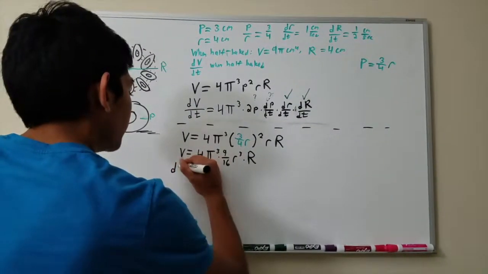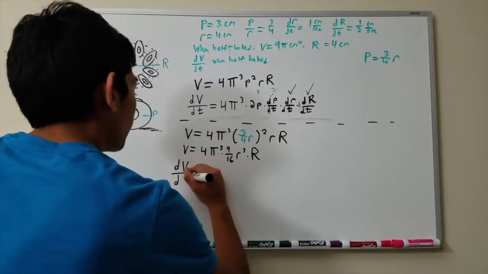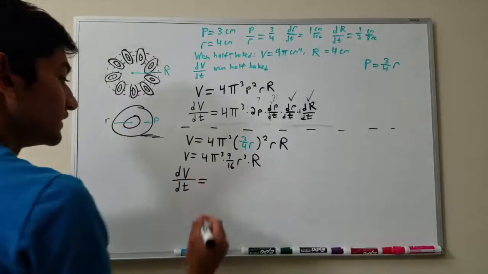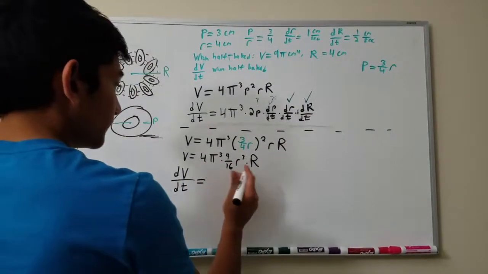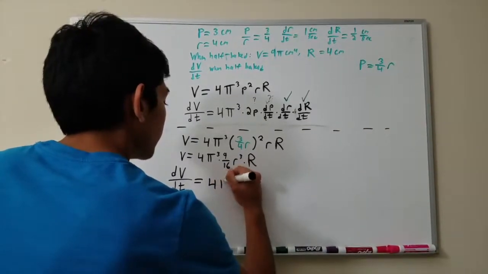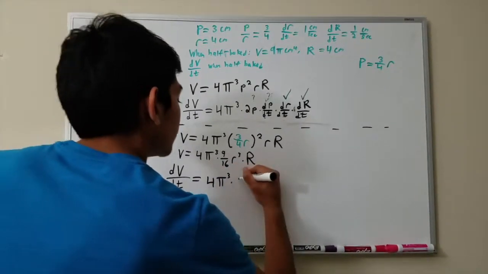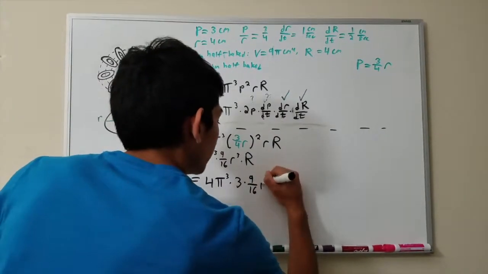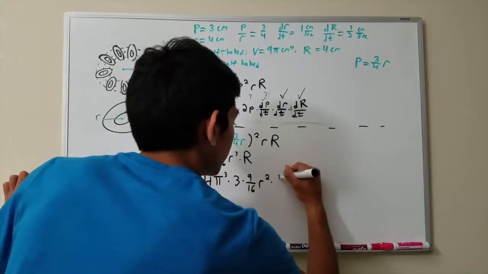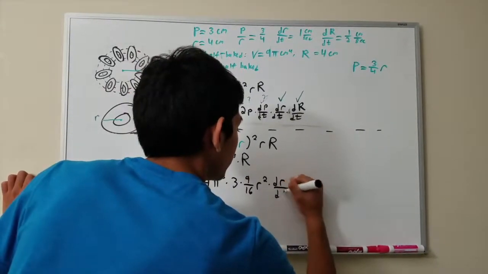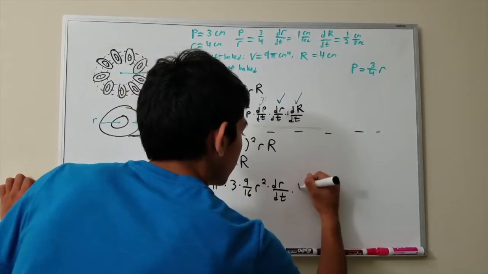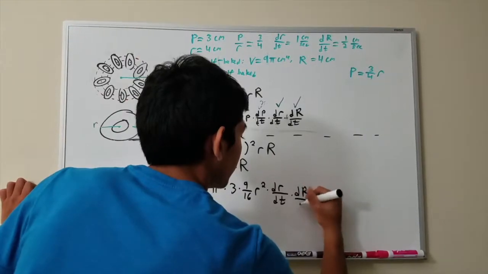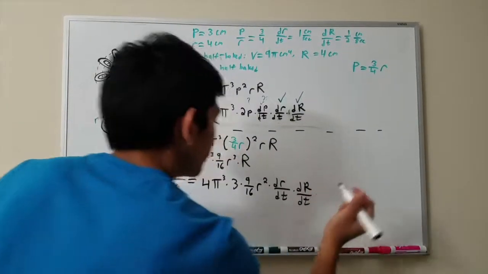So we have the change in volume over the change in time is equal to, the derivative of this will be 4 pi cubed times 3 times 9/16 r squared times the rate of change of r times the rate of change of the big R.